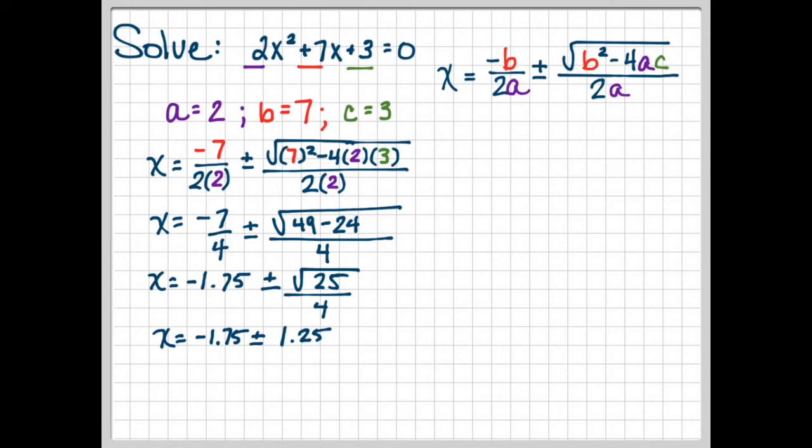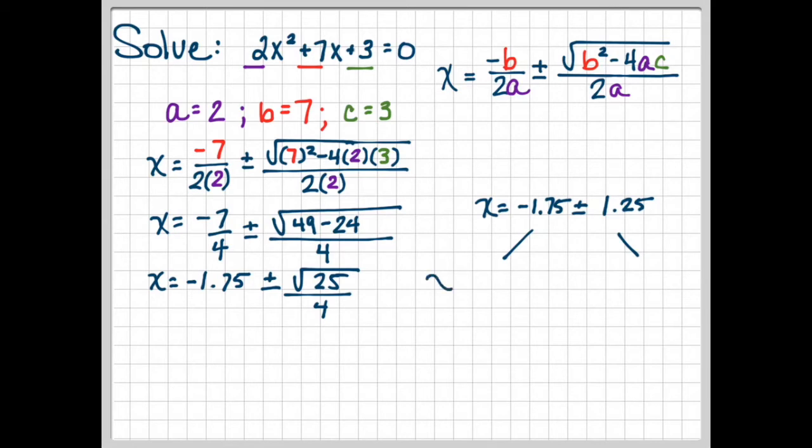So from here, again, I have to break it up into the two different equations, and I'm actually going to move this over here so we have some space to write out our work. This is going to be x equals negative 1.75 plus 1.25.